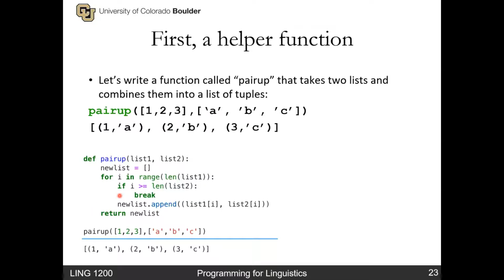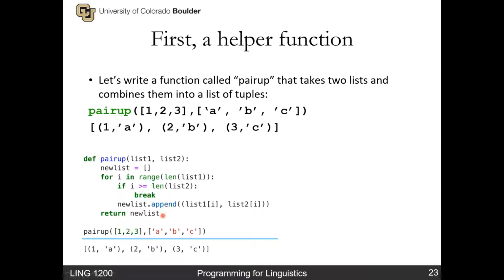So in other words, if the lists aren't the same length, if list 1 is longer, as soon as it reaches the last element in list 2, it's going to stop. We're not going to try to pair up the extra element in the list. But as long as we have the same number of items in the list, we're going to take the ith item from list 1, and we're going to pair it with the ith item in list 2 and append that to our empty list that we started.